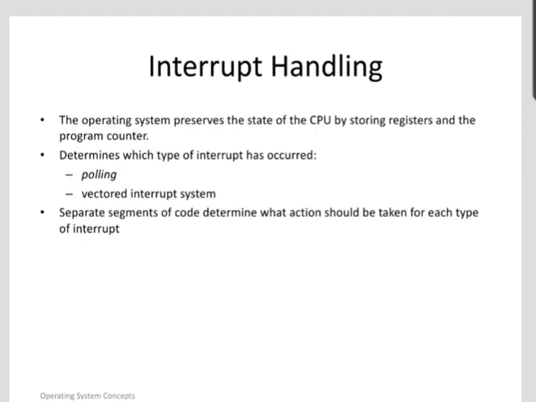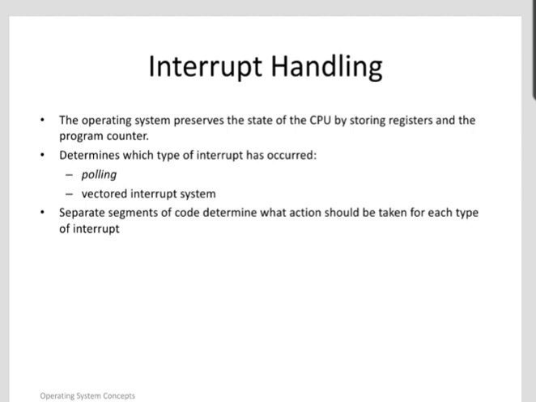Next is the interrupt handling. The operating system preserves the state of the CPU by storing the registers and the program counter. Then it determines which type of interrupt has occurred, using the polling or vectored interrupt system.